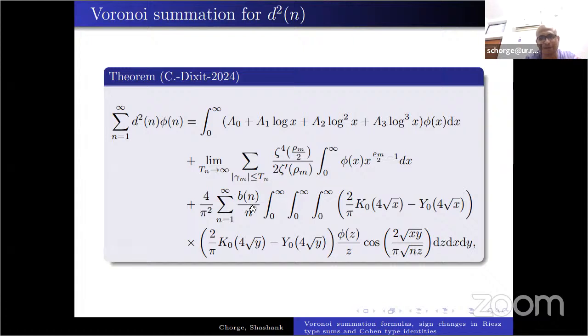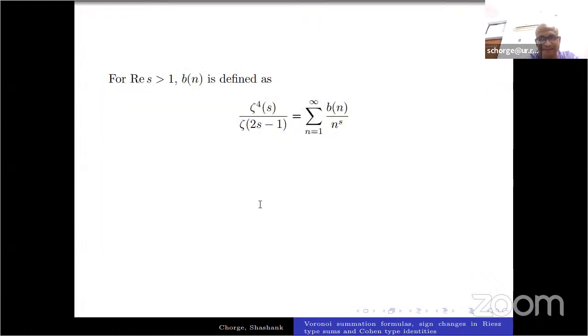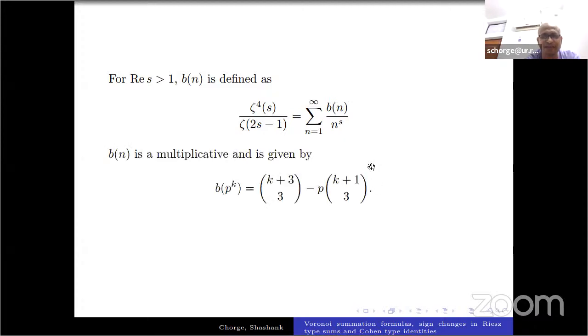Where this B of n appears, we did not talk about B of n. So B of n is nothing but the coefficients of the Dirichlet series of zeta raised to 4s divided by zeta 2s. So the coefficient of this series is nothing but B of n. And of course, we can find an explicit representation for B of n as well.